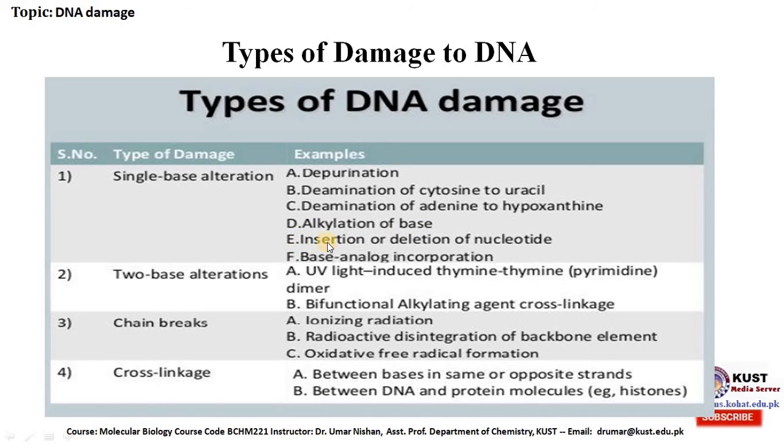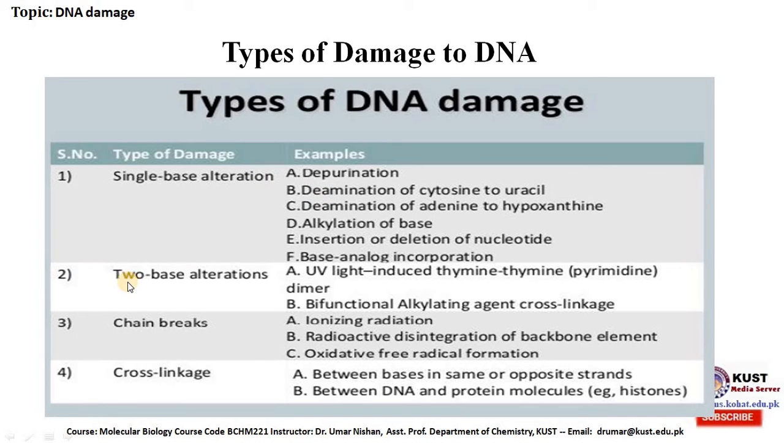In other cases, insertion or deletion of a nucleotide can happen. And in another case, base analog incorporation can possibly happen. All these different types are examples of single base alteration. We will study in detail about some of these examples, and it will give you an idea of how single base alteration can possibly happen.